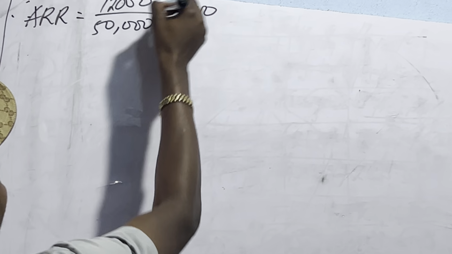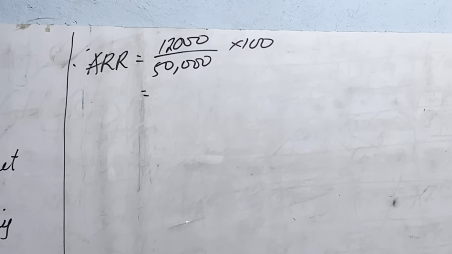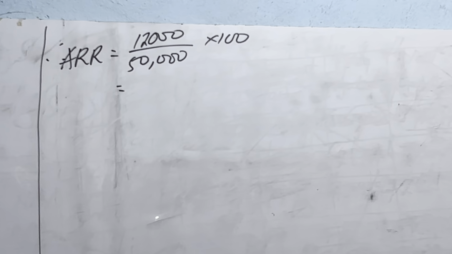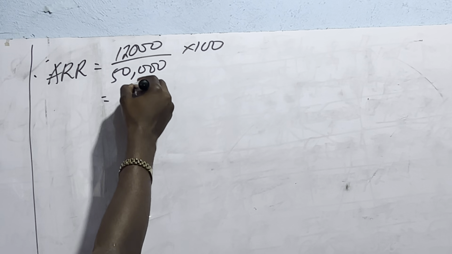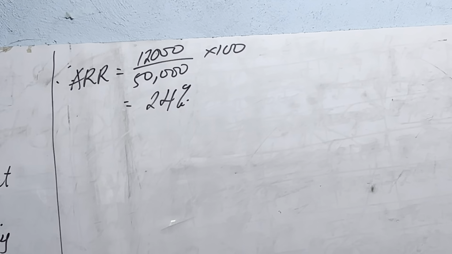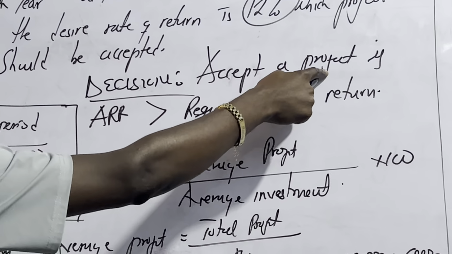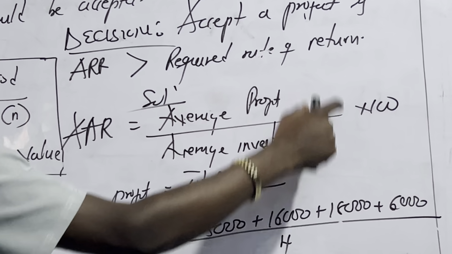Then we multiply by 100. So we have 12,000 divided by 50,000, then we multiply by 100. And that will give us 24%. Now remember, I said decision rule: accept a project if the accounting rate of return is greater than the required rate of return.